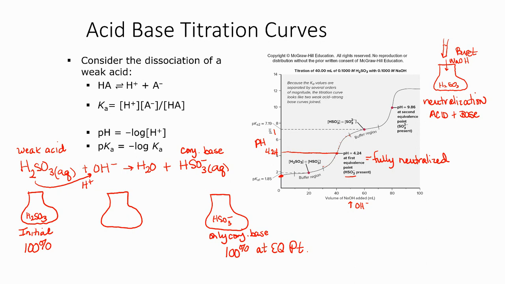Now along the way, as we go from just acid to just conjugate base, along this path that we're taking, you have a mixture of weak acid and its conjugate base.